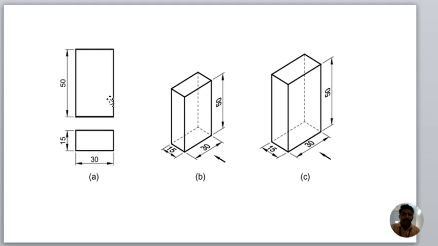These two are separate orthographic projections, and combined, they can be viewed in the isometric projection or isometric view. It means the object is viewed in a single view in the isometric view. It is a three-dimensional object, while the orthographic views are two-dimensional. These two are the orthographic projections and this is the isometric projection.